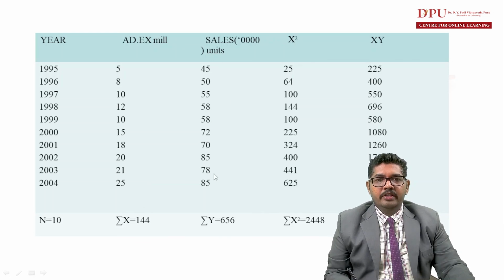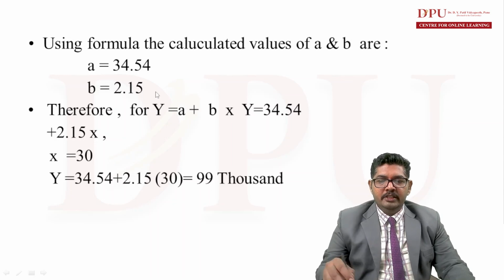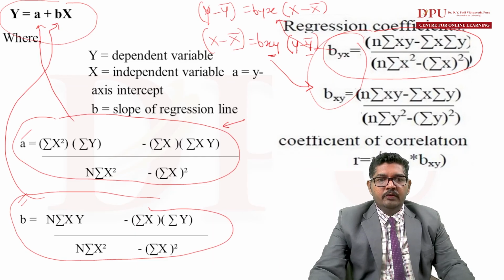Then sales values are given here, and then we calculate x square values and xy values to put them in the equation. So using the formula, the calculated values of a and b are: a is equal to 34.54 and b is equal to 2.15. This is calculated by using these two equations.